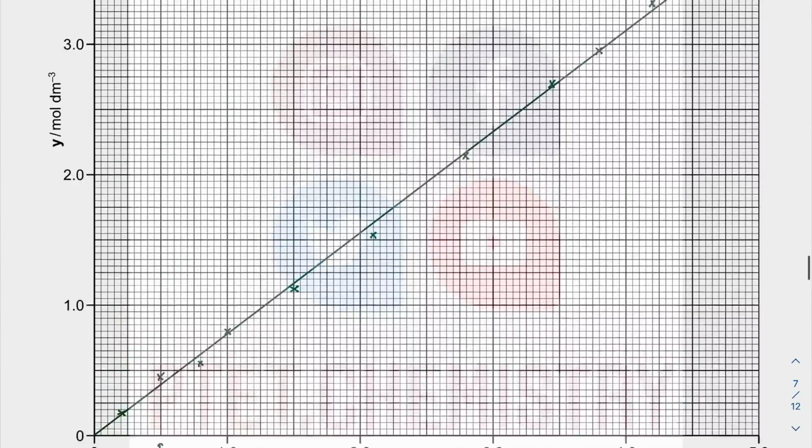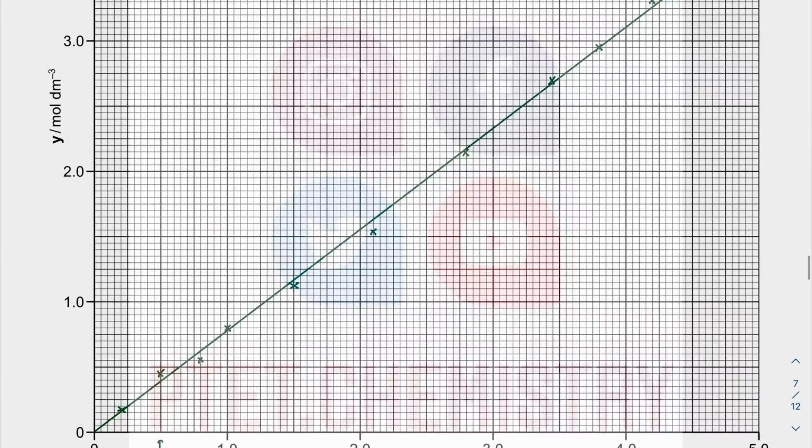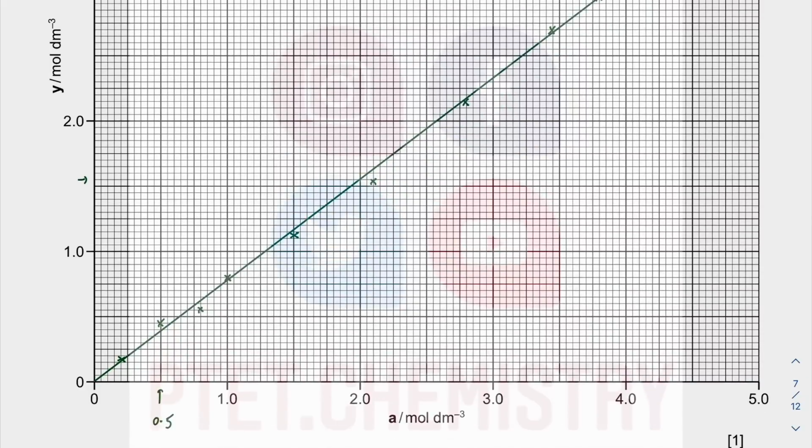And the second point, I'll go for something easy. Where is an easy one? That seems to be easy. So that is at 2.0, and there's 1.5, 1.55.